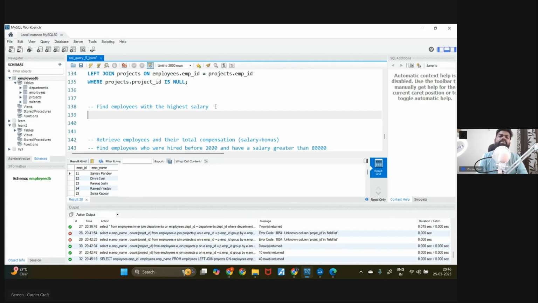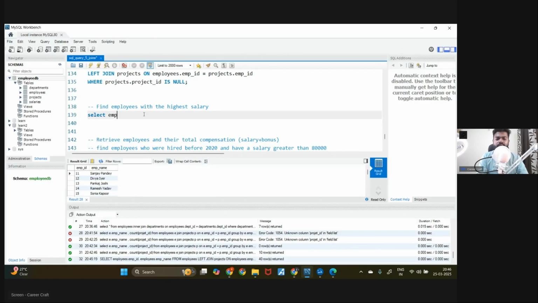Find employees with the highest salary, right? Very easy question, but use of subquery with join is a very important variant. Find the employees with the highest salary. It is going to be easy. So what you can do?